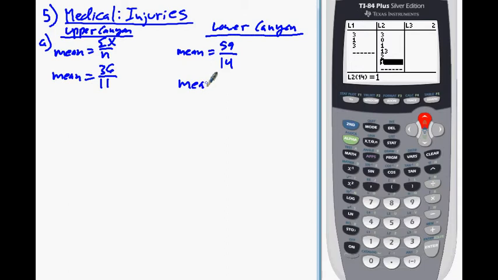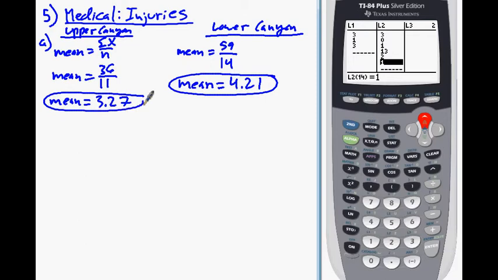So for a mean, we get 4.21 injuries in the Lower Canyon, and we get 3.27 injuries in the Upper Canyon.